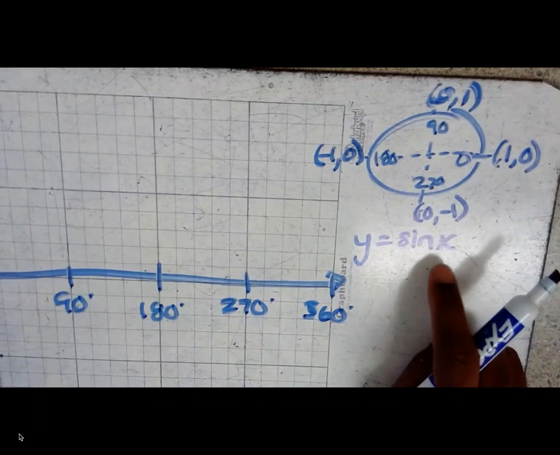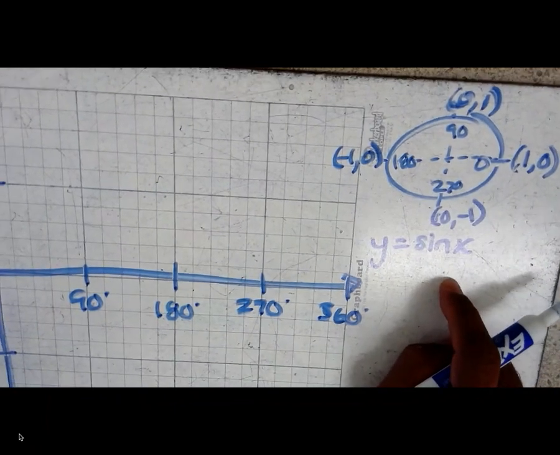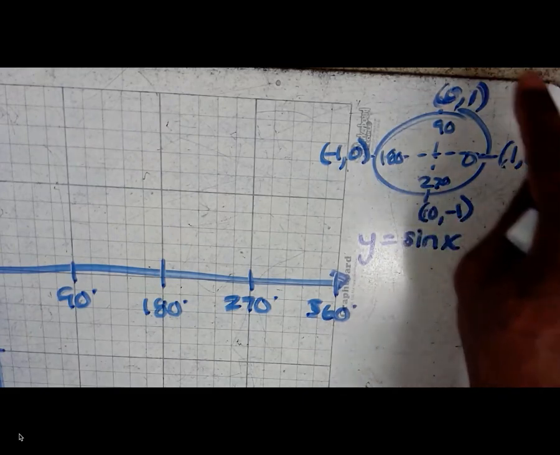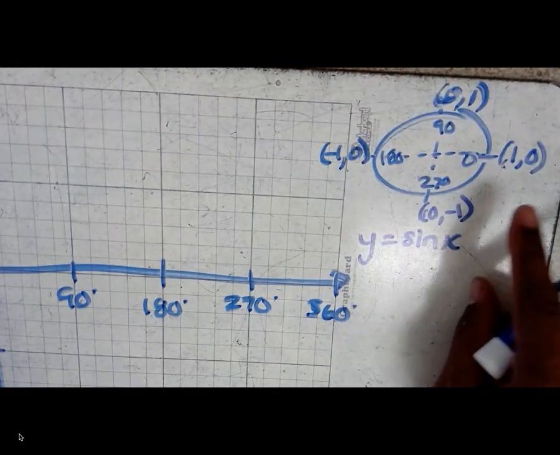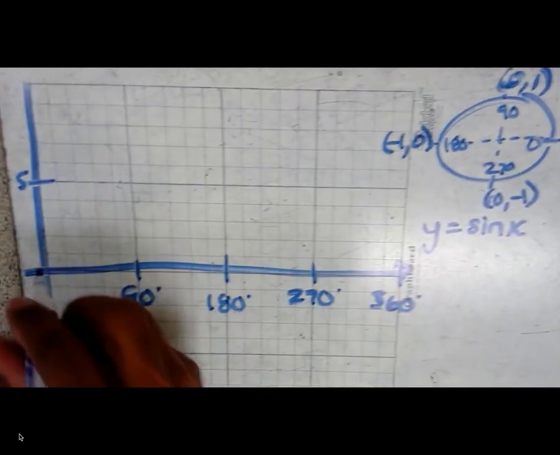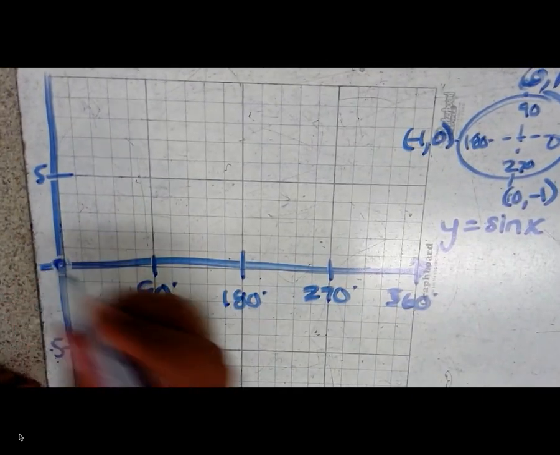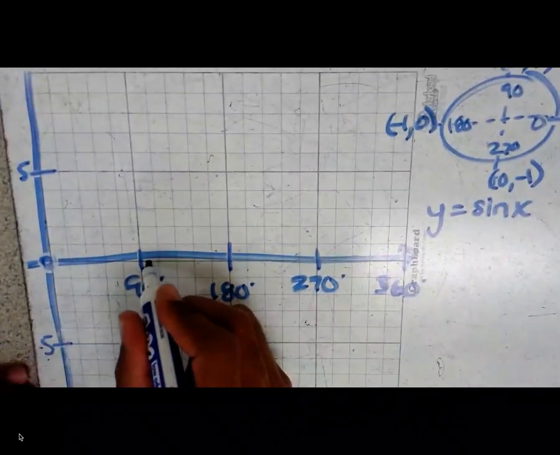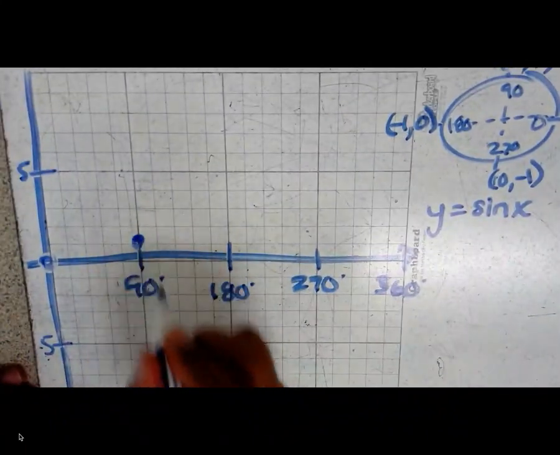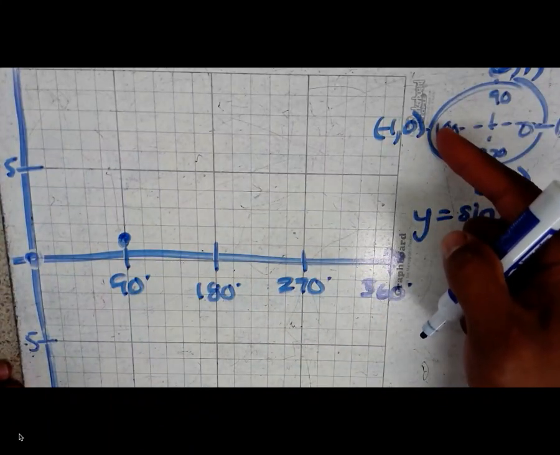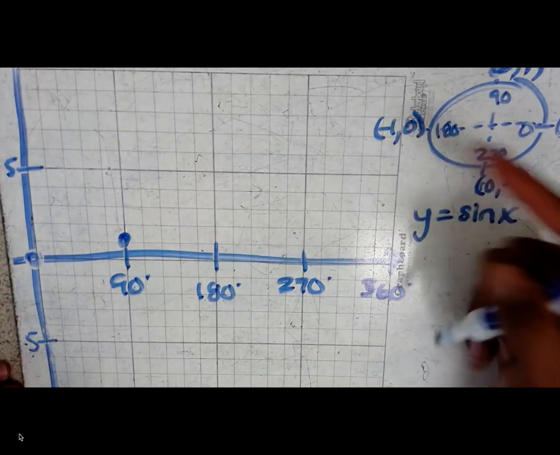Now, when we're looking for the points to graph for sine, remember that sine is all the y values in the unit circle, right? So if I start at 0 degrees, the y value is 0, meaning that I start right on the axis. Then when I get to 90, it goes up to 1. And then as I go to 180, the y value becomes 0 again.